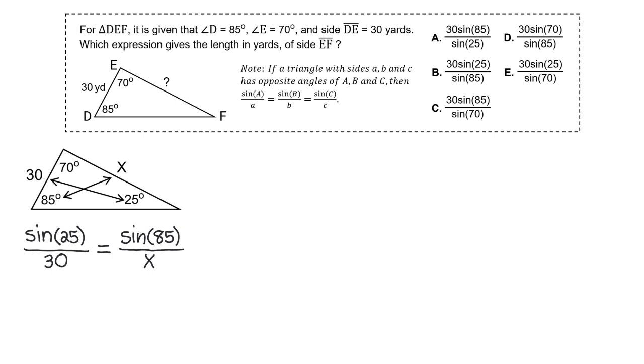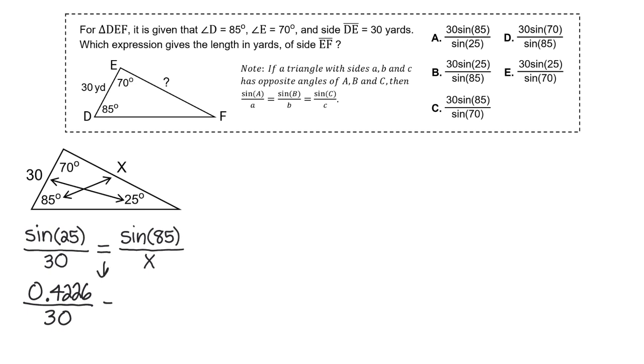Another way to solve this equation is to change everything to decimals and then solve the problem. Just keep in mind, if you do it this way, it's going to take longer, but it'll still get the job done. Changing the sine of 25 to a decimal, you're going to get 0.4226 over 30.